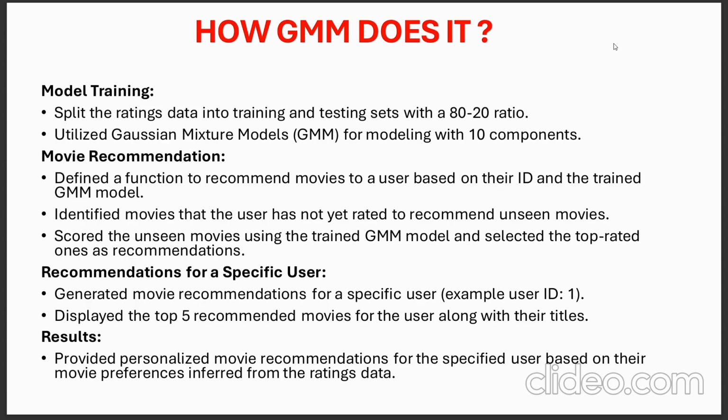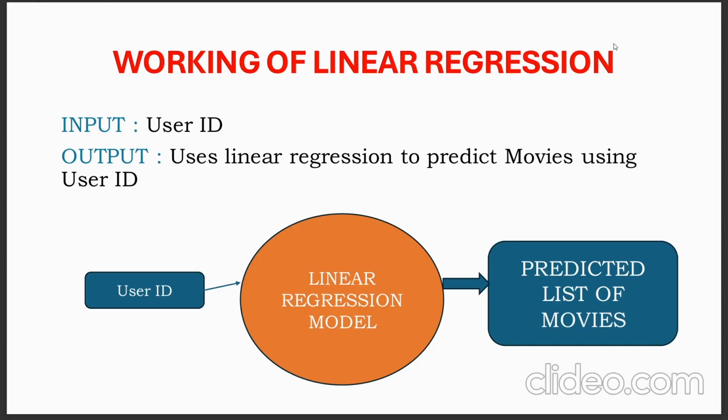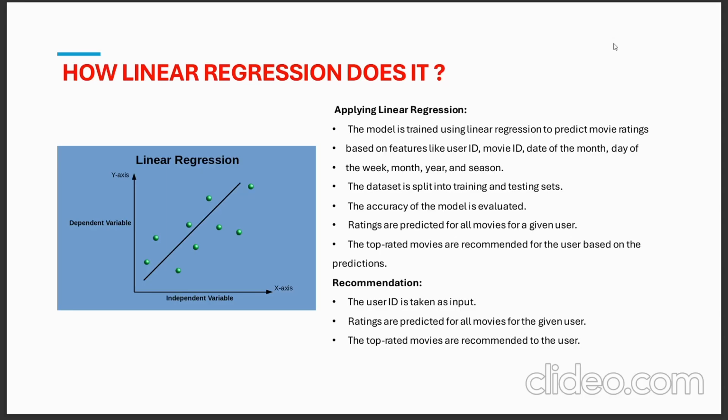Now coming to the linear regression model, we have user ID as an input, and it predicts the list of movies using a prediction score. So how does the linear regression model do it? The model uses features like user ID, movie ID, date of month, day of the week, year, and season.